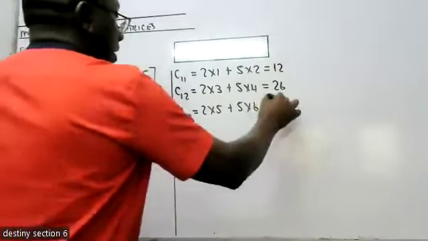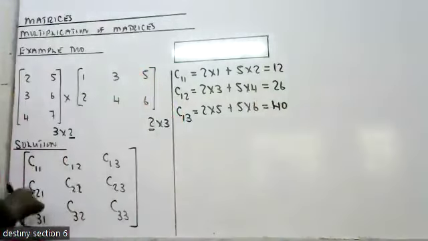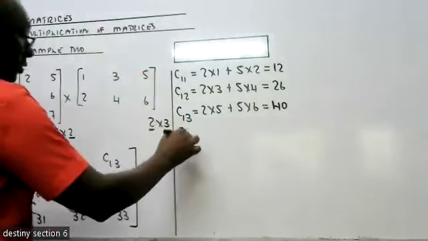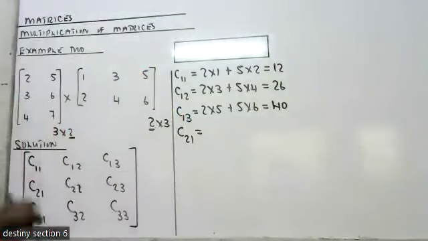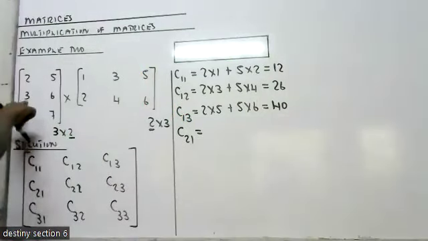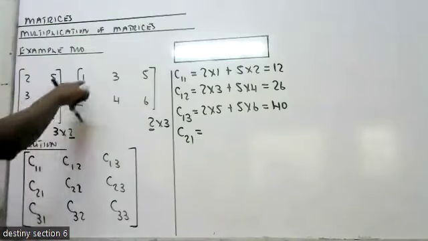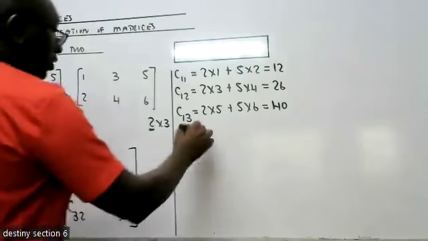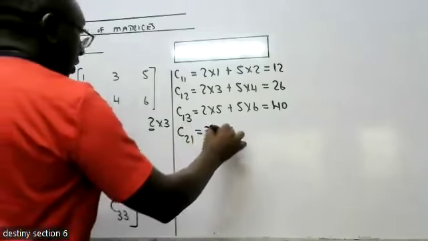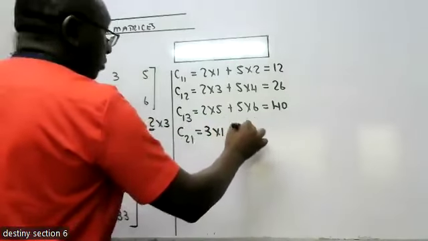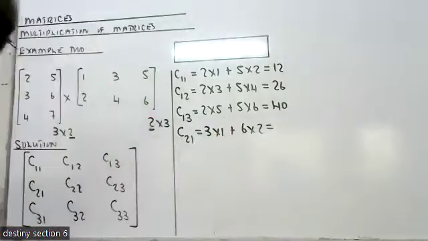Good. Now let us go to C21. C21, you take the second row, first column. So 3 times 1 plus 6 times 2.